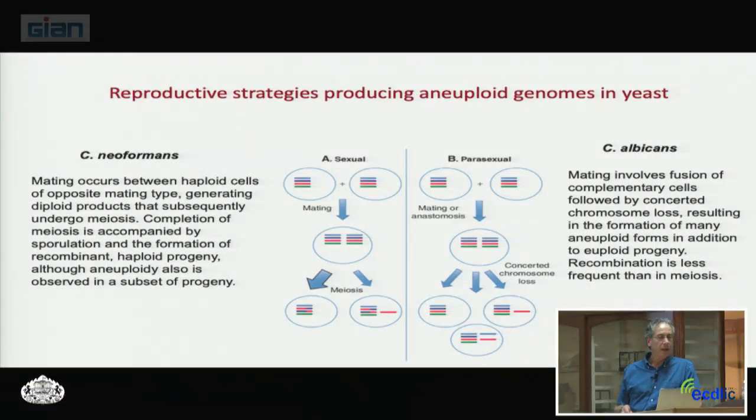Just after these fusion events of diploid cells, the chromosomes are randomly lost, and you end up with a ploidy reduction, which generates a lot of aneuploidy. And that's what we thought might well be happening in Leishmania. They don't have a true sexual process involving meiosis, but this parasexual process that generates a lot of aneuploidy.